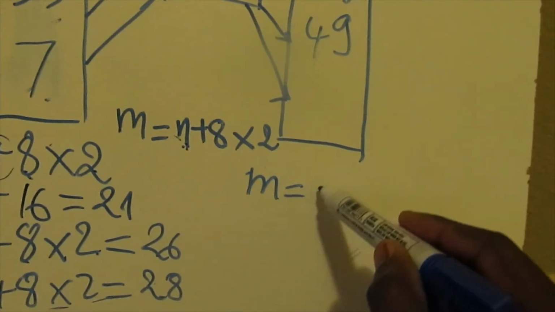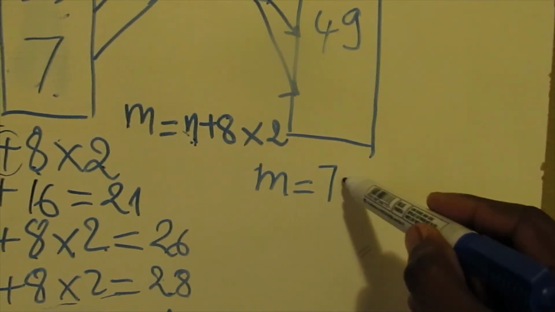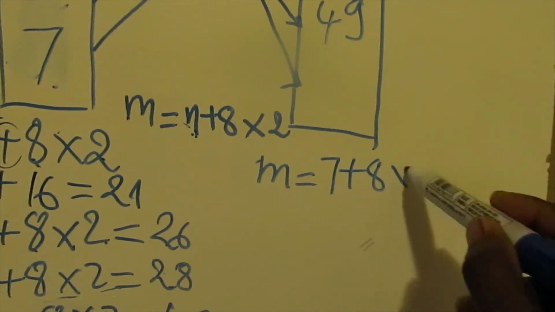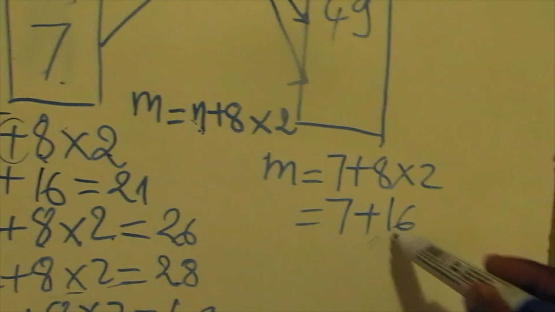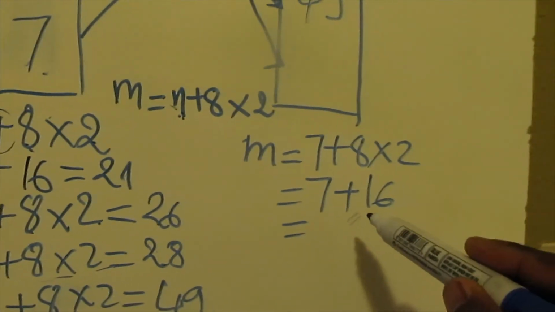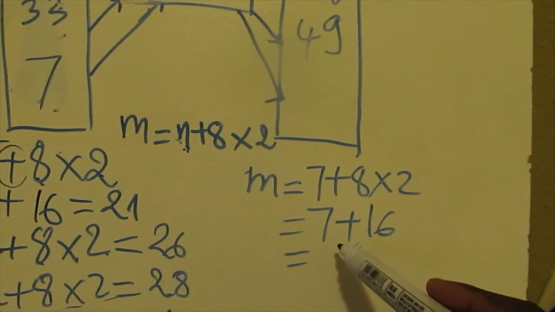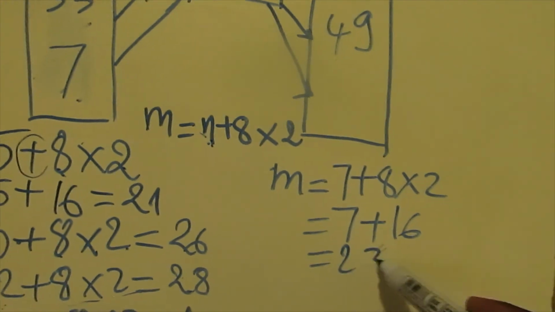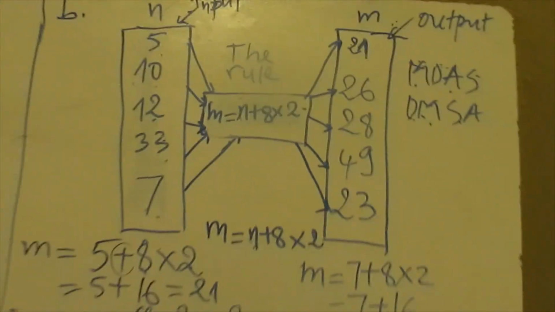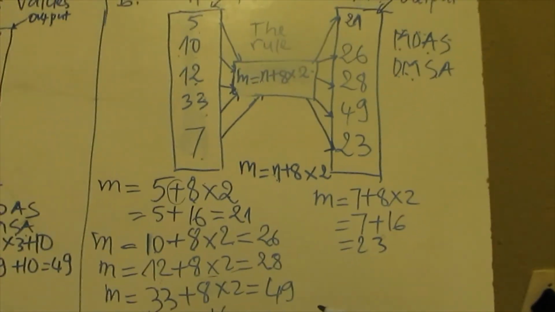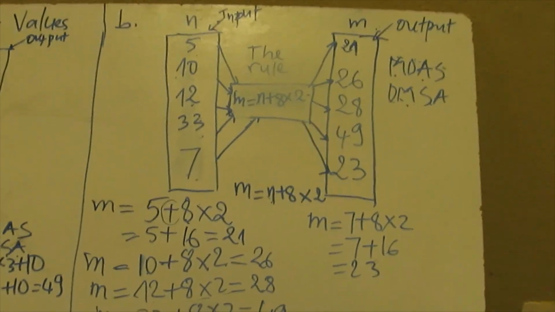Then the last one, M equal to 7 plus 8 times 2. 7 plus 16 equal to 23. It's how you calculate the input and output value.